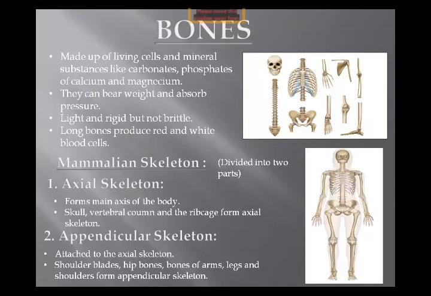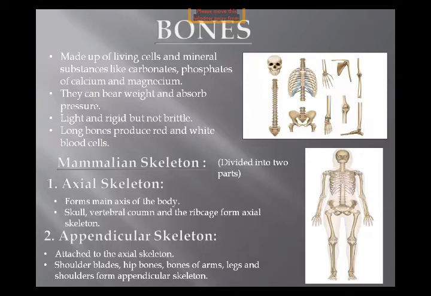Again, I repeat, bones make our endoskeleton. Bones are living. They are of different shapes and sizes, and they are made up of substances like carbonate and phosphate of calcium and magnesium.